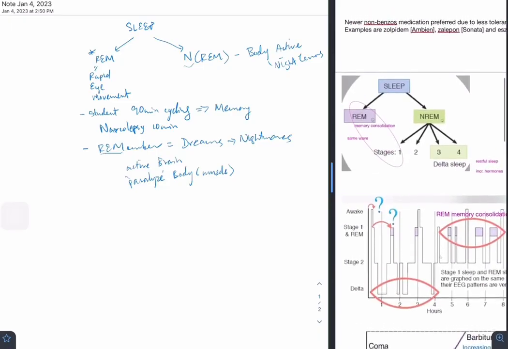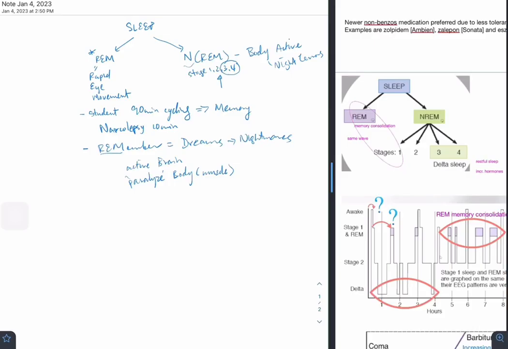Non-REM sleep is divided into stages 1, 2, 3, and 4. As an average person, we want to stay around 3 and 4. But we don't. We mostly stay around 2. Stage 2 is where we hang around for most of our sleep cycle. Why do we want to go to 3 and 4?